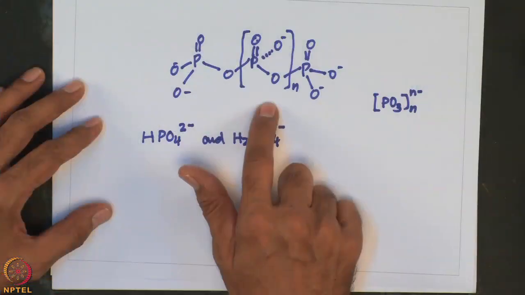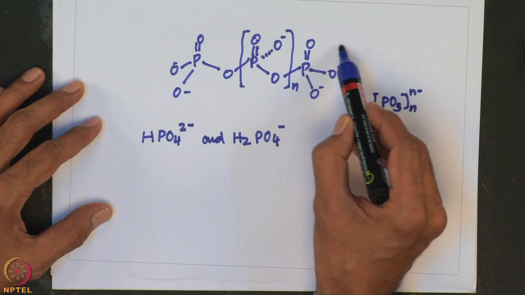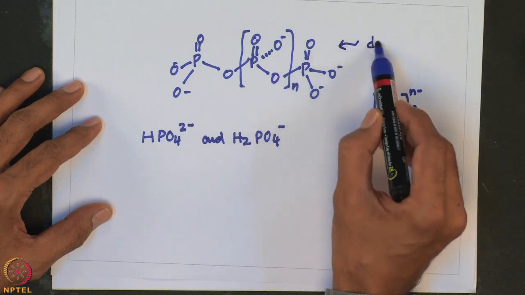Okay. So, when P3O9 3 minus is treated with OH minus ions, one of the POP groups undergoes hydrolysis, giving the triphosphate. So, it continues, and of course, this triphosphate is very important in detergents.